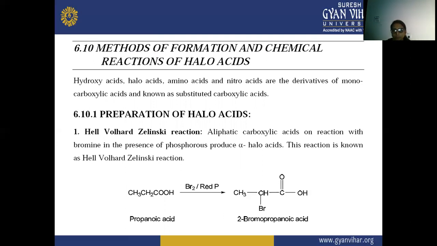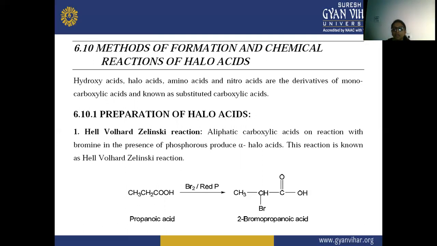Thirdly, nitro acids. If the nitro group is present on the carboxylic acid, then that is known as a derivative of carboxylic acid. Next is amino acids. If the amino group is present on the carboxylic acid, then that is also known as a derivative.